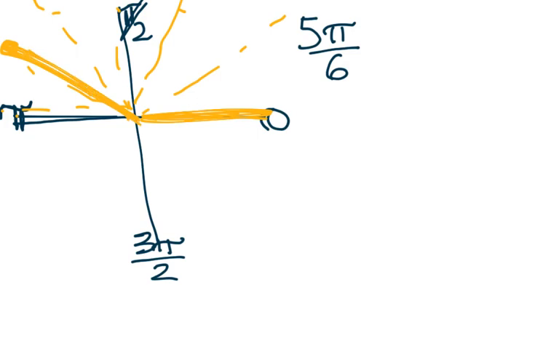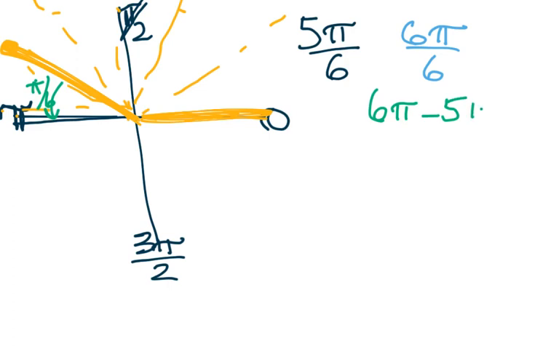The only difference is that now we're in pi's, and 1 pi is like 6 pi over 6. So what's the difference here? This angle is going to be pi over 6. It's just slightly different because we're getting used to that. But 6 pi over 6 minus 5 pi over 6 equals pi over 6. So pi over 6 is the reference angle for that one.